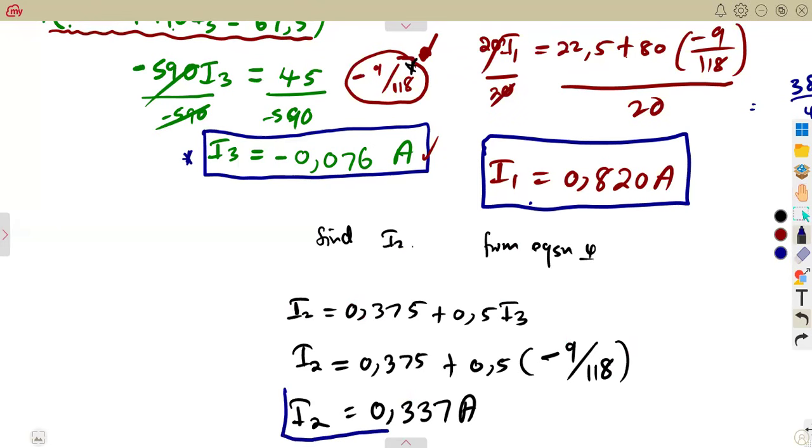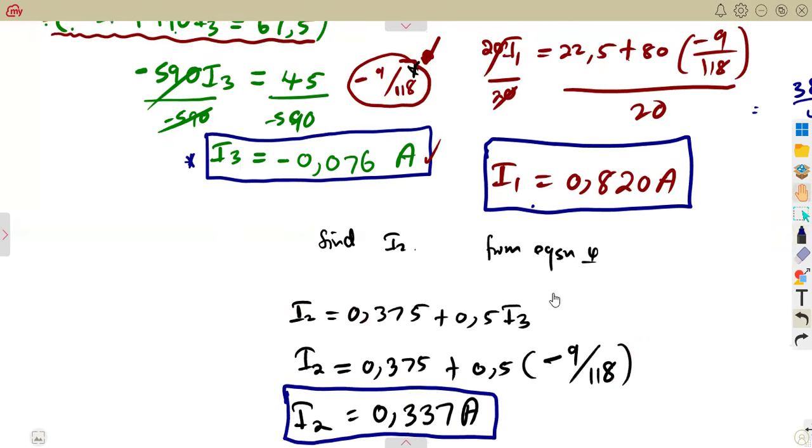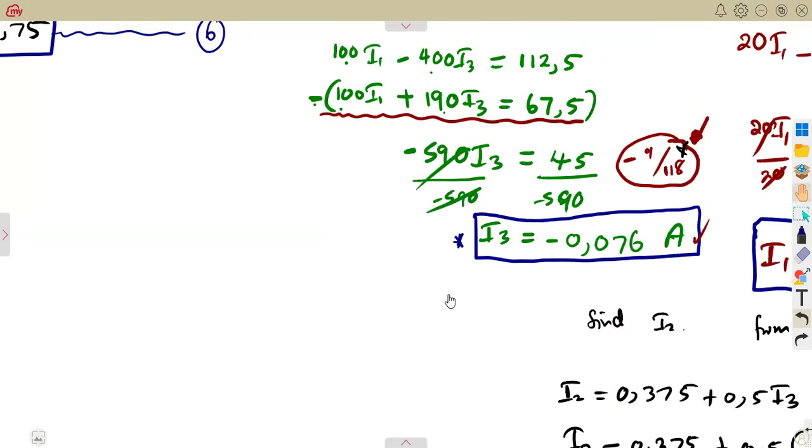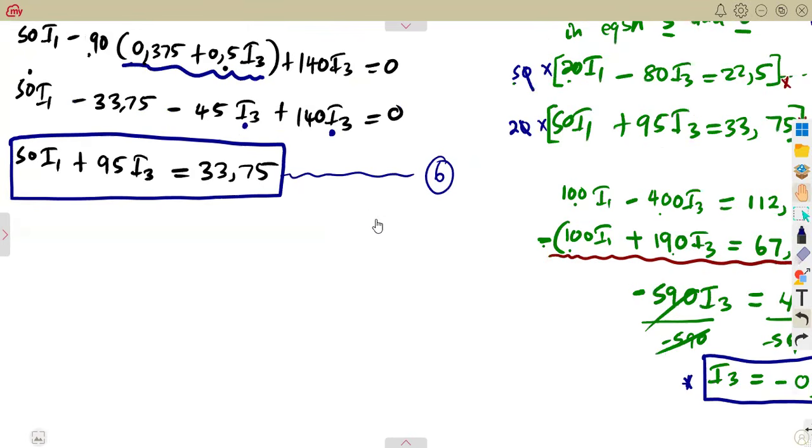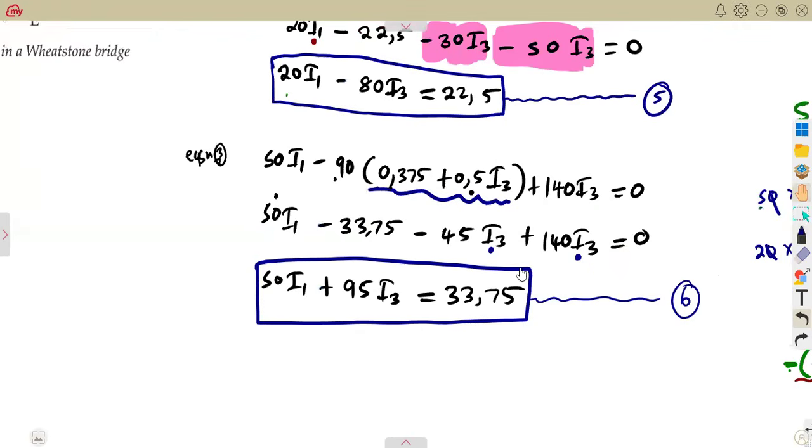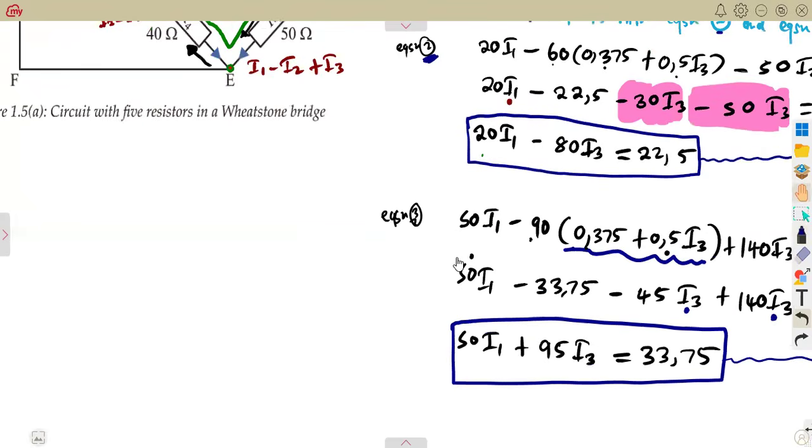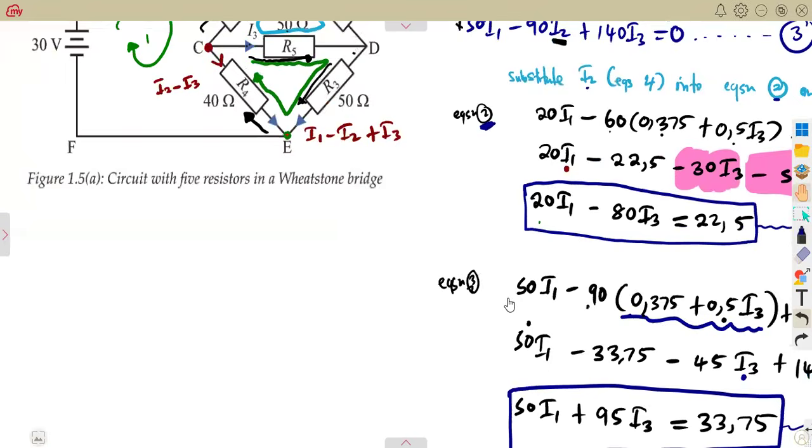So you have determined current I1, current I2, current I3. But the question, remember, was to calculate the current in each branch. So let's go back now and fill in the other remaining ones. Remember those currents, and I'm going to erase one or two things here because you've got a lot of things to consider.